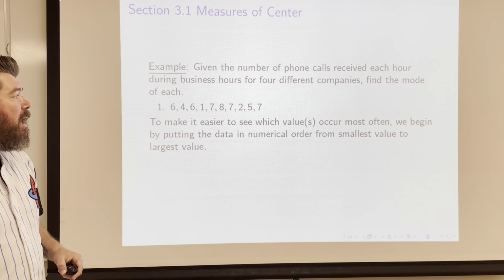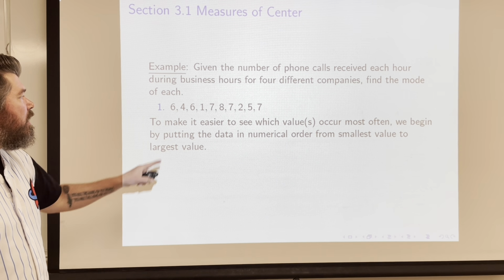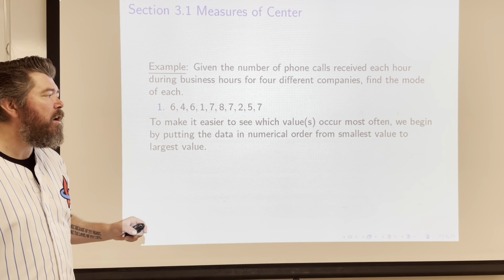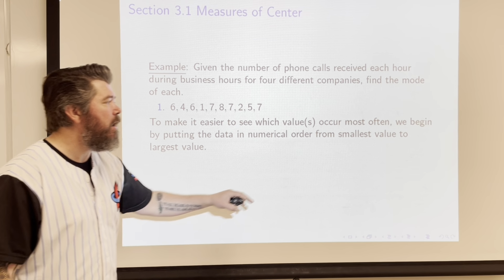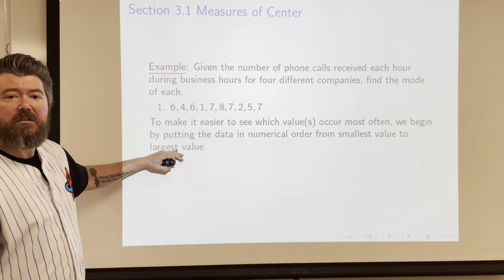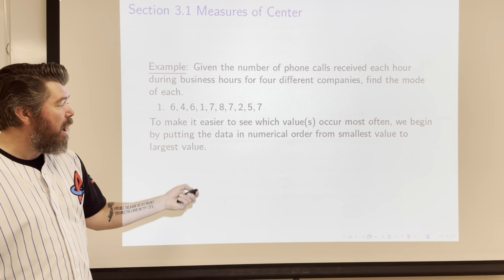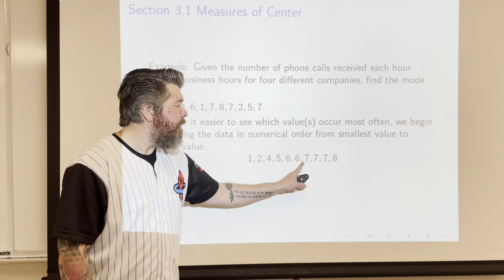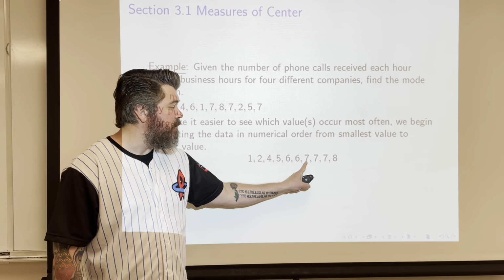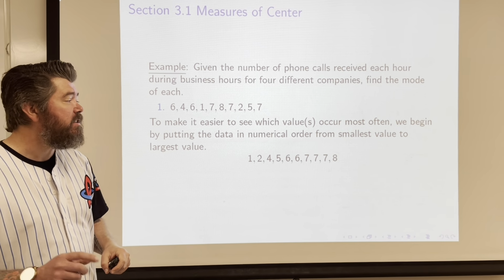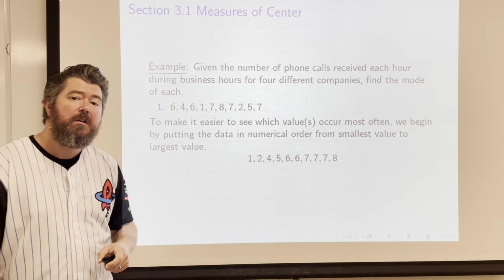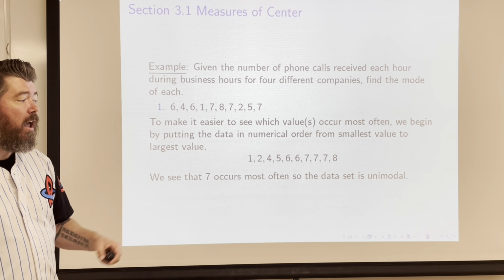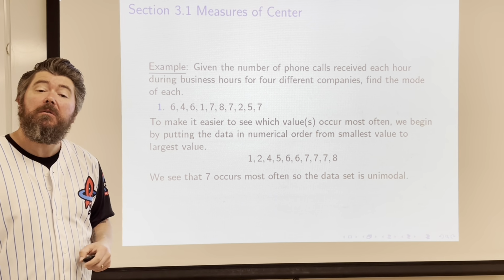To make it easier, yes, we can try to figure out which value occurs the most, but I always like to order the data from smallest to largest. So I'm going to rewrite the data, and now it's very easy to see that the number 7 stands out. Notice that 7 occurs 3 times, which is the most occurrences in this data set. So 7 is the mode, and we say the set is unimodal.